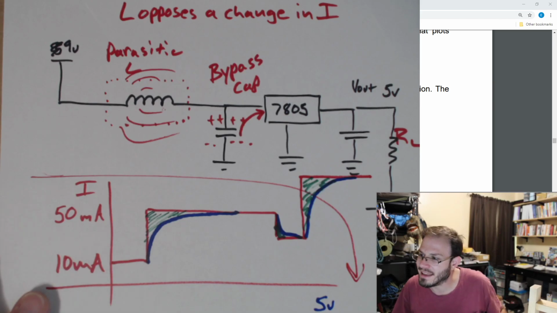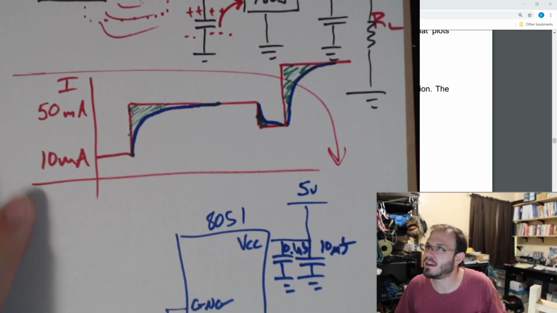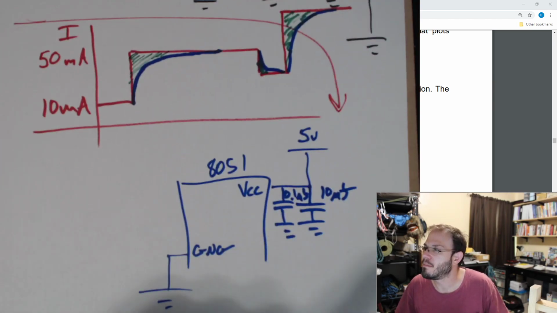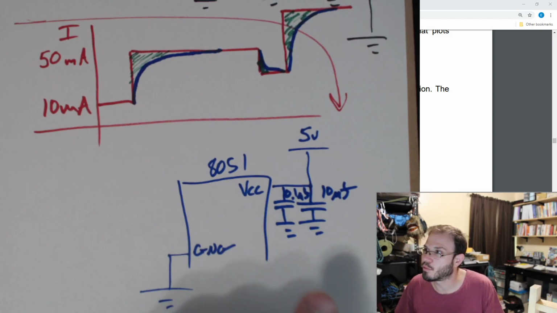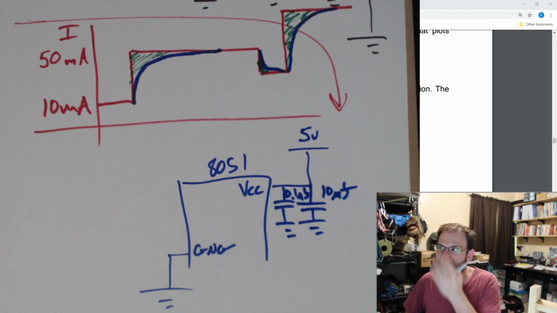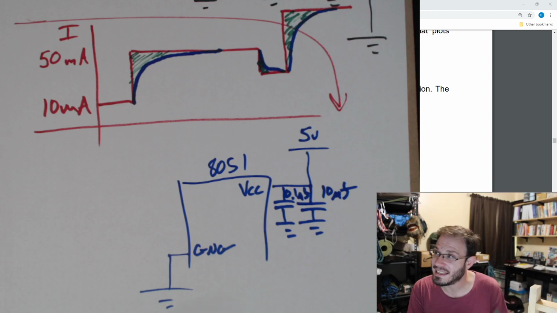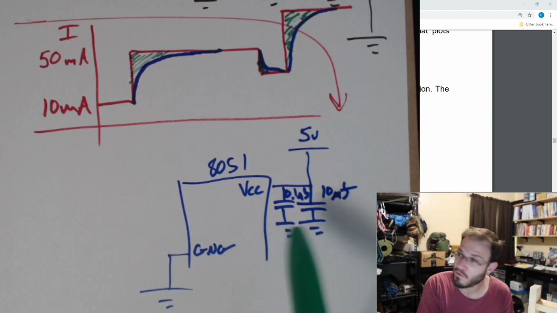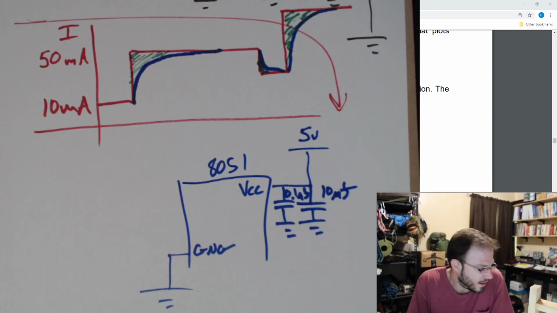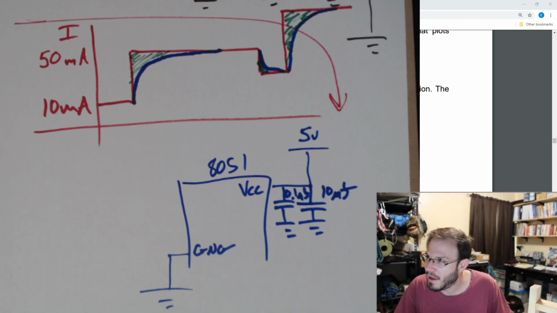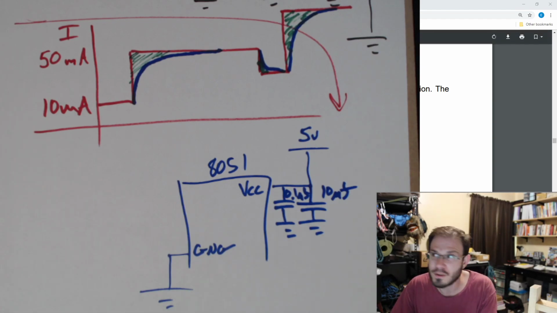I think bypass caps are a good thing to talk about because you will see these sprinkled around like seasoning in your circuits, and that's no joke. If I pull up any type of schematic, you will find these. And in fact, let's look at the schematic for the 262 board. You don't have to be in 262 to be able to follow this.